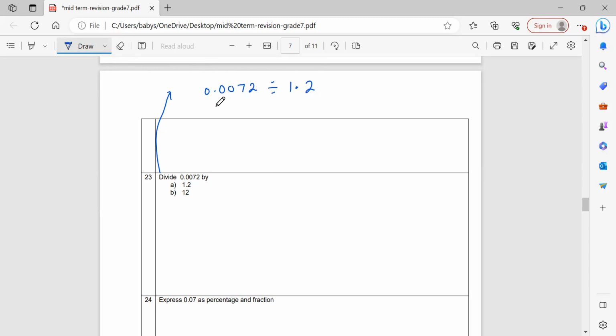So in this case, you write it in that form, numerator by denominator. I want the point to come here for the denominator because I told you one of the techniques is to ensure that your whole number is there in the denominator. Now it is 1.2, no? So you're shifting the point one place to the right. Same thing you apply to the numerator so that the value is intact. So it becomes 0.072 divided by 12.